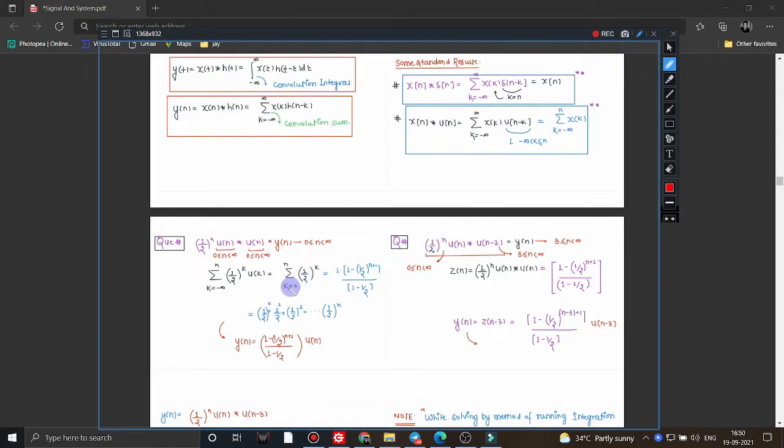If you put values of k in it, 0, 1, and so on, we write the whole formula.